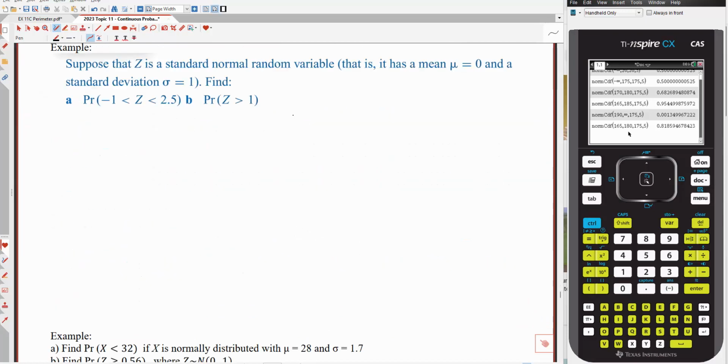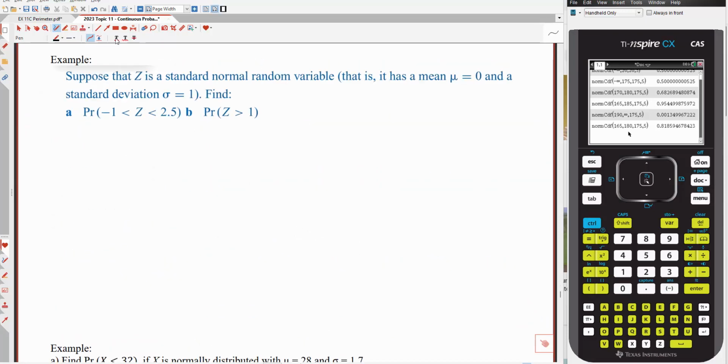All right, so let's try another one. So we're on the Z distribution. So a reminder that Z is normally distributed with a mean of 0 and a variance of 1. So the chance of it falling between there. So what we'll do is we'll say probability that it is this equals.